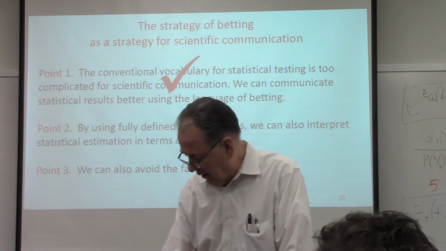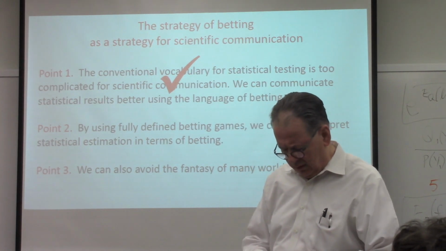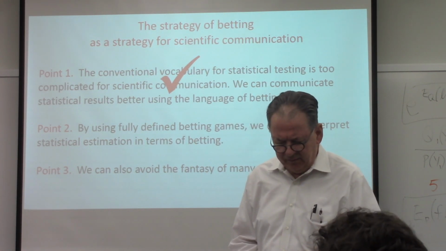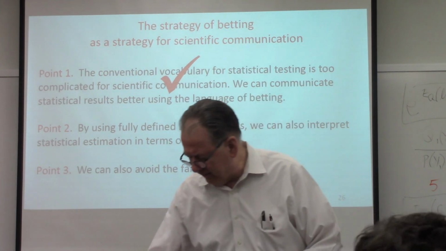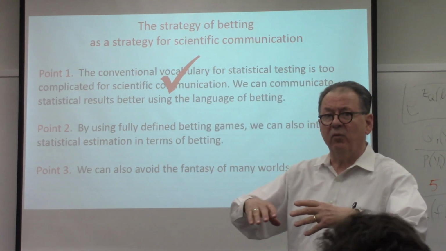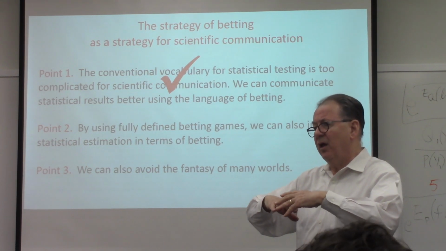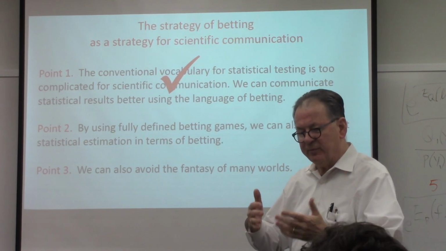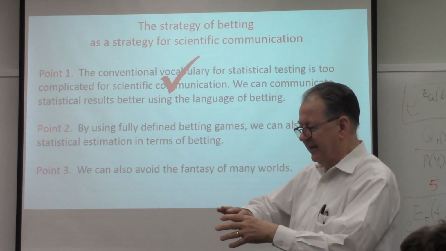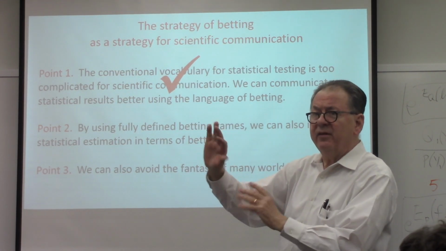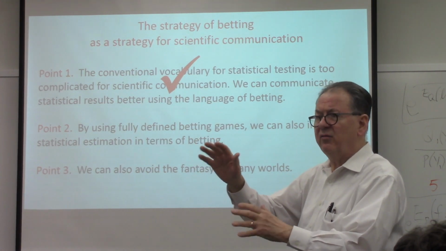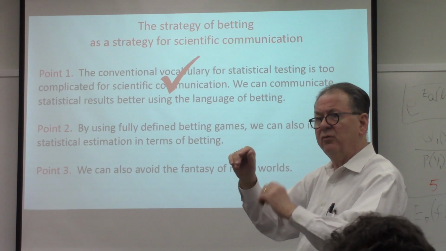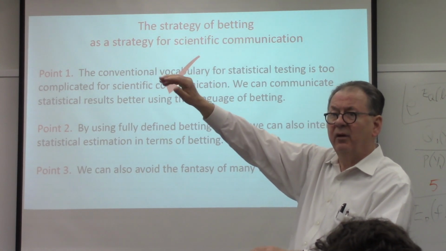Now, I think I may have said this to you before, but I'll repeat it. If there's something where there's a lot of data, then the difference between these kinds of bets, the Neyman-Pearson all or nothing testing, where there's only two outcomes to your bet, you lose all your money or you get a certain amount.